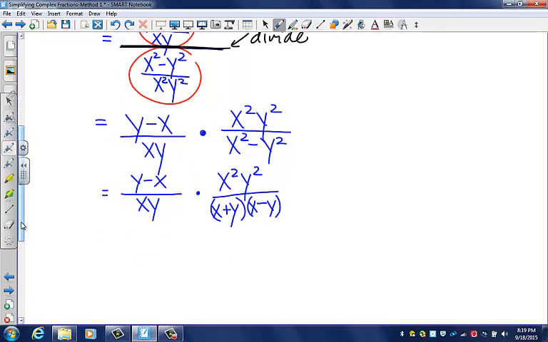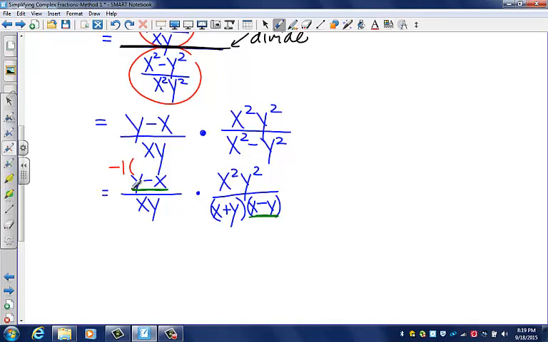Okay, so this is kind of a tricky spot right here. y minus x is not the same as x minus y. Subtraction is not commutative. But if you recall, you can rewrite y minus x so that it has a factor of x minus y.